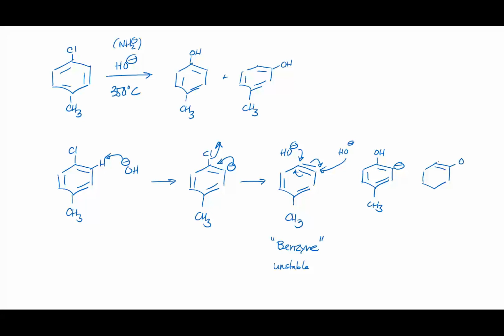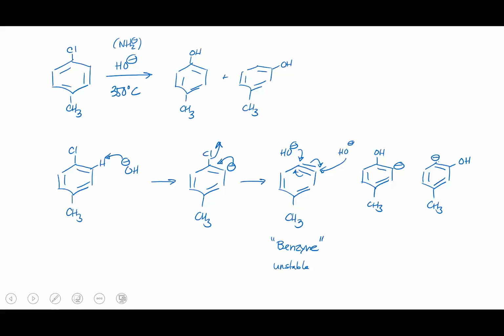And is there any preference for the OH minus to attack either side of the triple bond? No, there's nothing really sterically there. So then that would give the OH adding para and meta 50-50. Which is consistent with the products that I see.